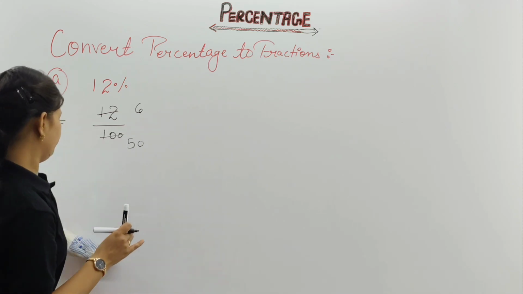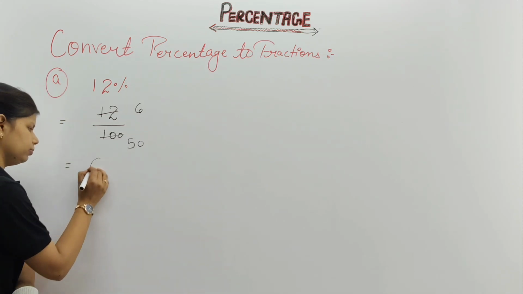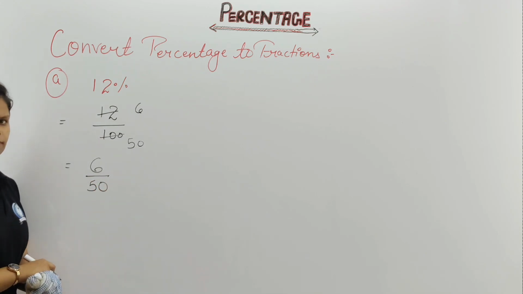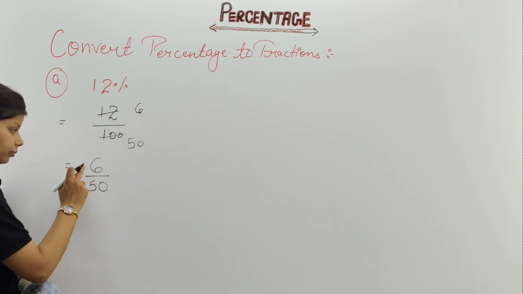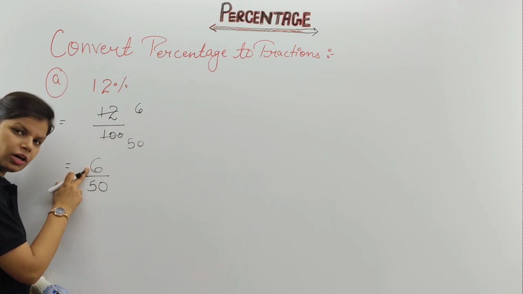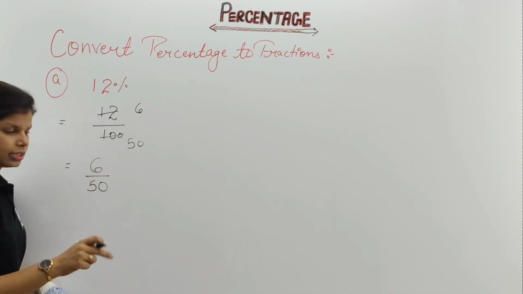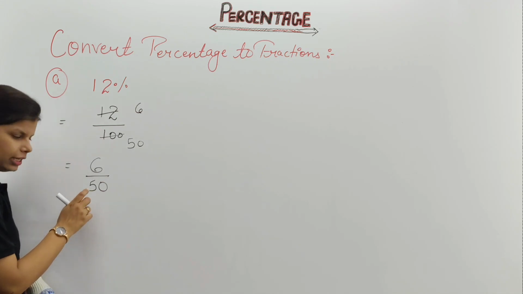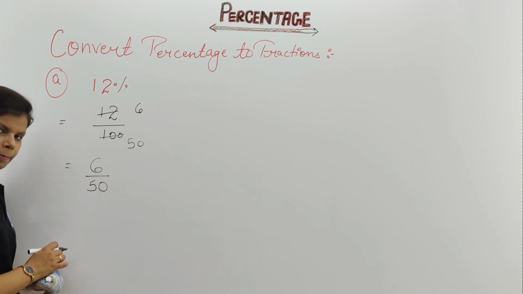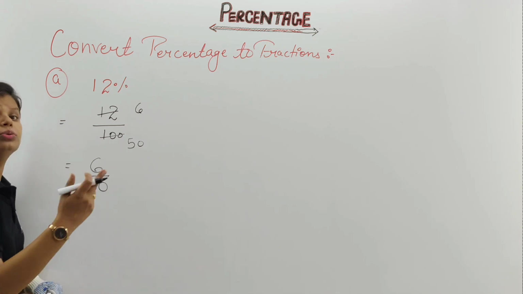I will write it a little bigger. You will get here 6 upon 50. Clear? Again, please think. In the table of 2 you get 6, how many times? Two 3s are 6. And in the table of 25 you get 50: two 25s are 50.